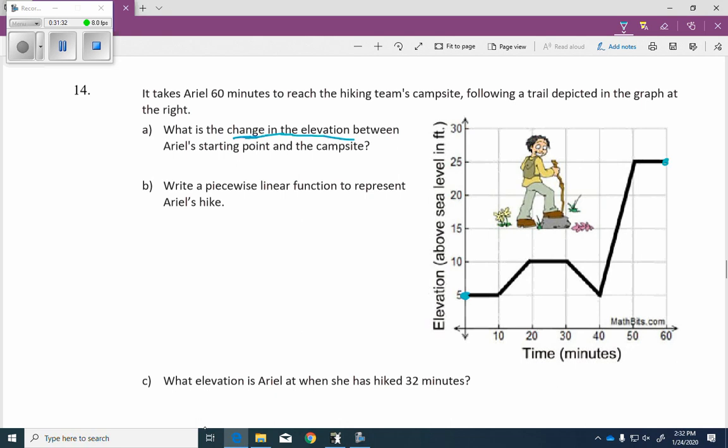The change in elevation went from 5 to 25. So the change is 20 feet. And we have to write a piecewise linear function for this. So there's 1, 2, 3, 4, 5, 6 pieces to this.